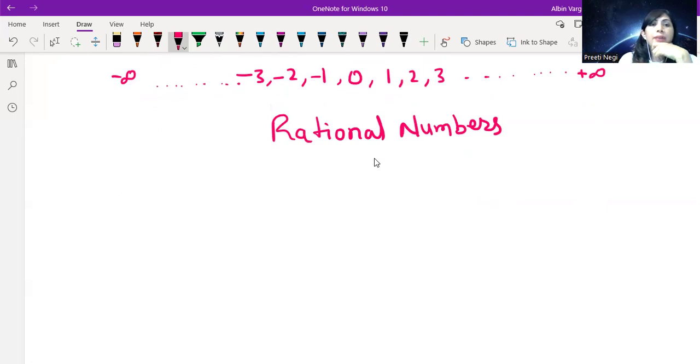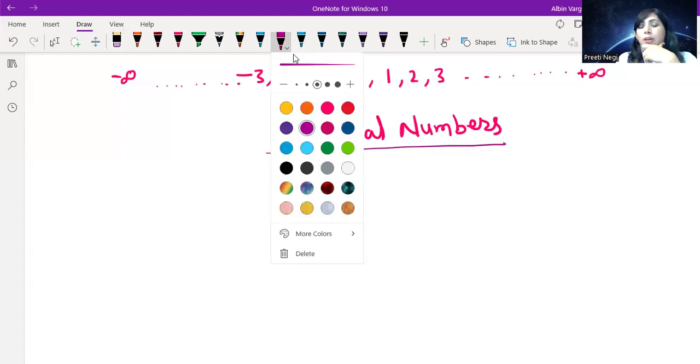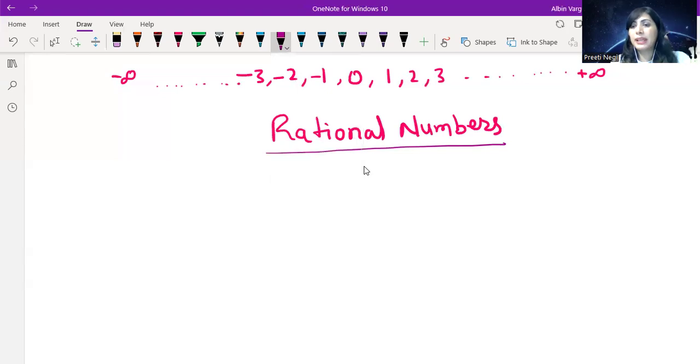All positive numbers and all negative numbers are complete numbers, like a whole number, right? Those are complete numbers. What if we have 1.2? We have 1/2, 3/5. What do we call these numbers? हम इन numbers को क्या बोलते हैं? So all these numbers come under rational numbers.